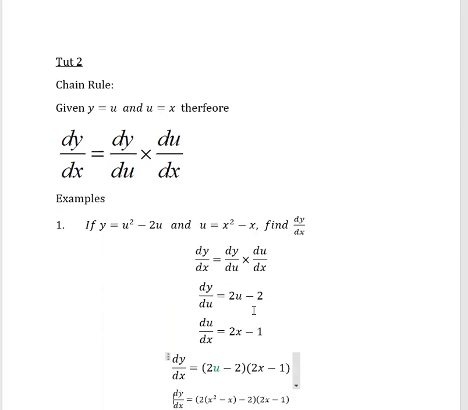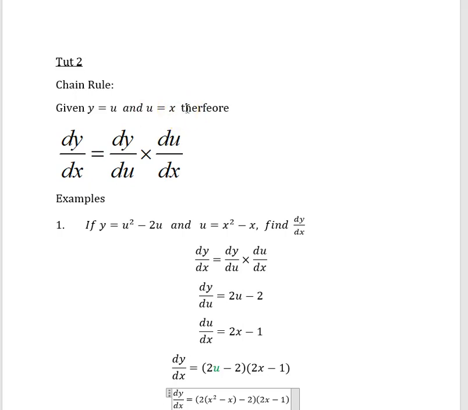Let's go to thought 2 and look at the chain rule. In the chain rule, we'll be having 2 different functions, and one function is related here to u, and the u is related to x.